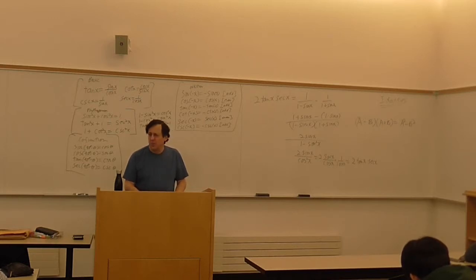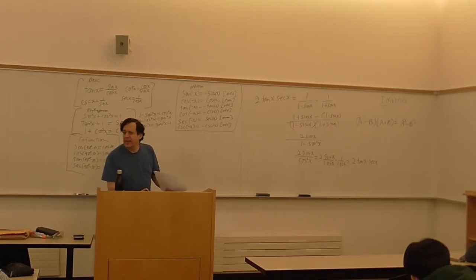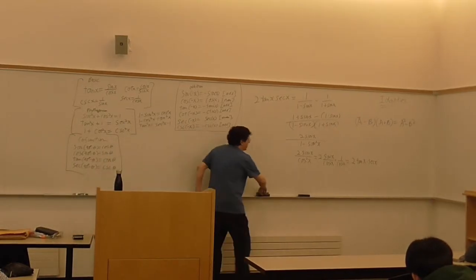That's a nice thing to know: to have 1 minus a sine in the denominator, or 1 plus a sine in the denominator, you can get rid of that. That's going to come in really handy in the next problem.